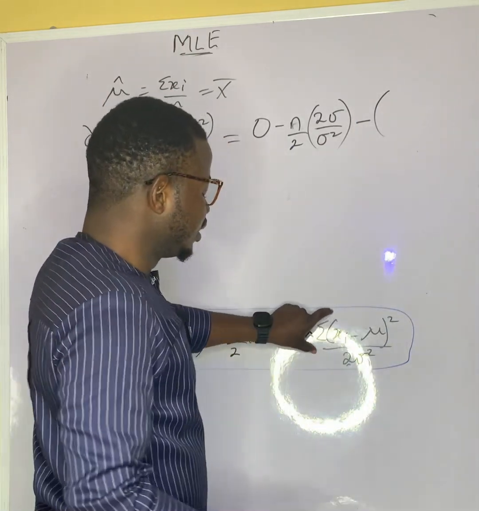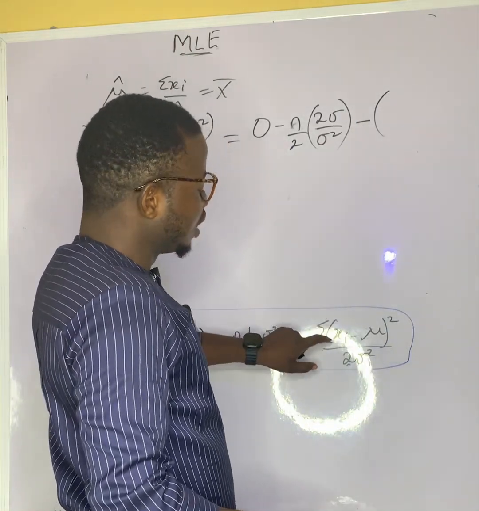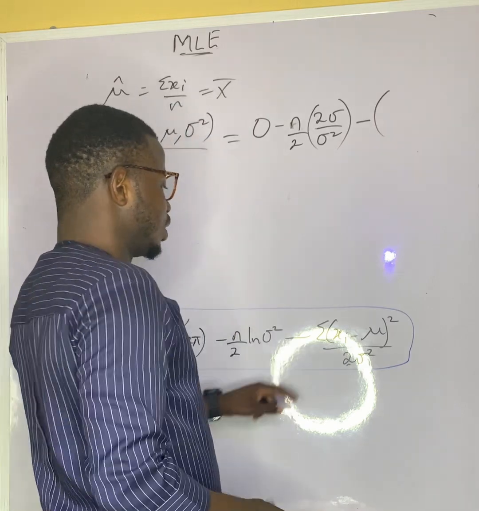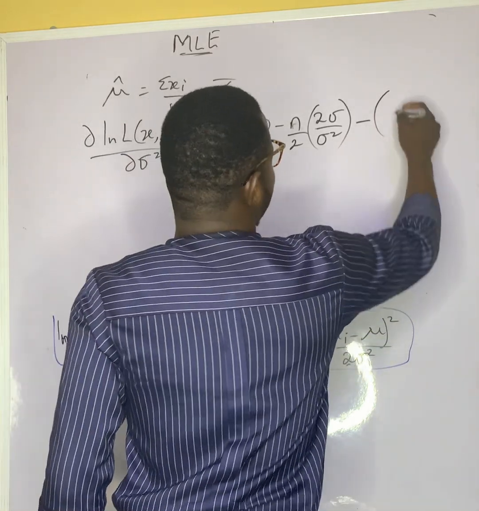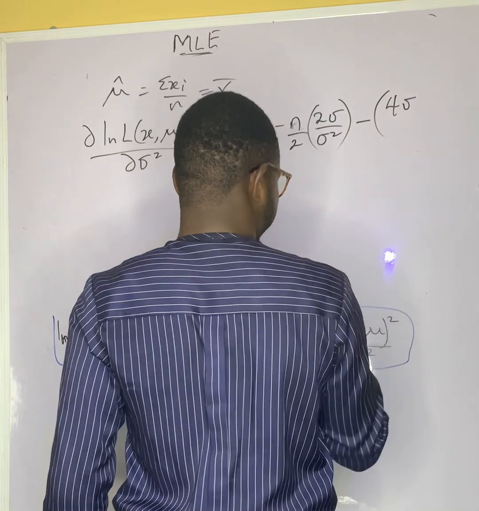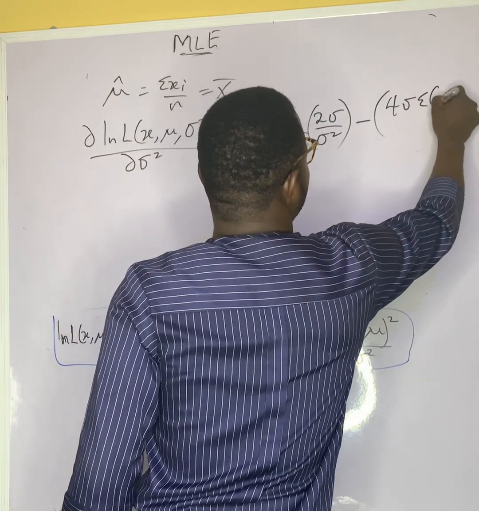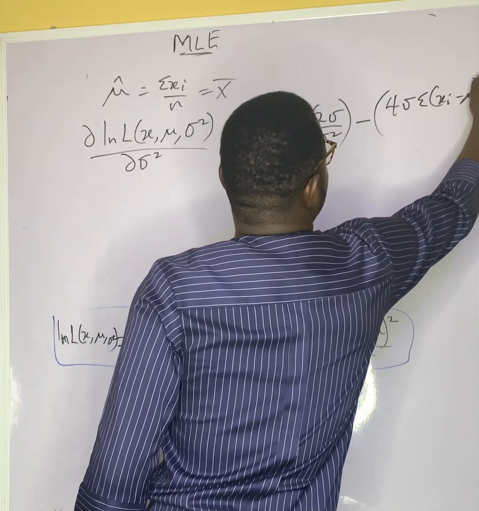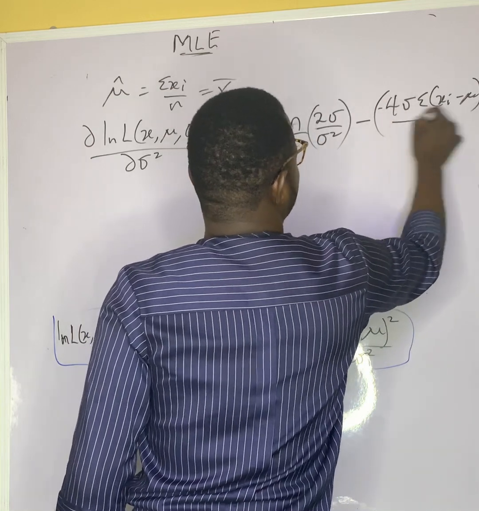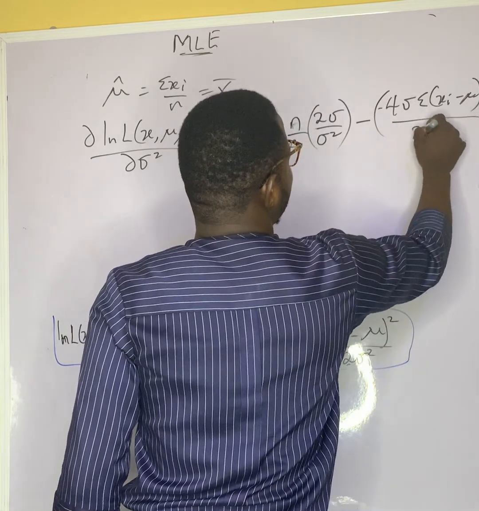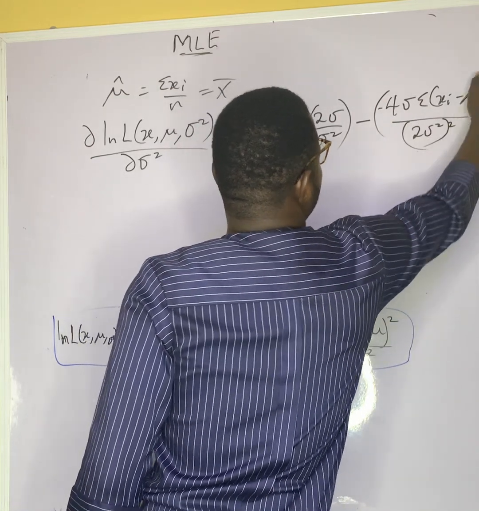Now differentiating this with respect to sigma square using the quotient rule, that will be 4 sigma, then we have summation xi minus mu all squared, so the negative will be here, over 2 sigma square raised to the power of 2.